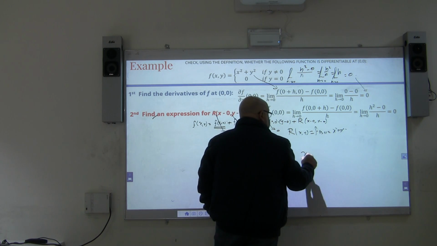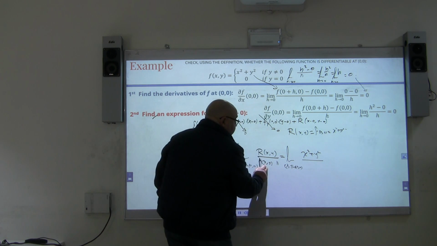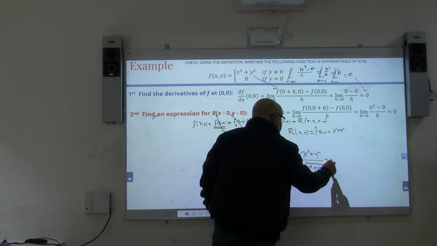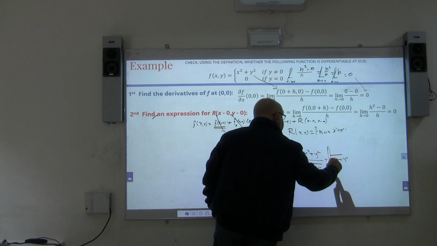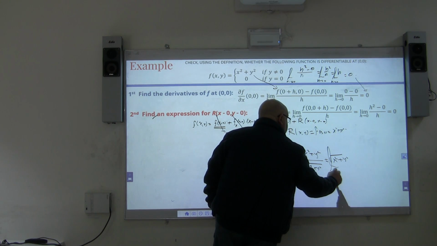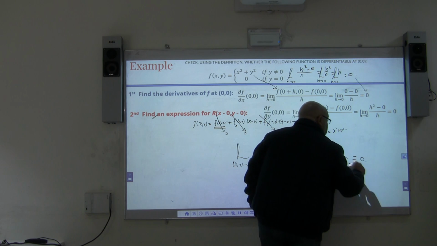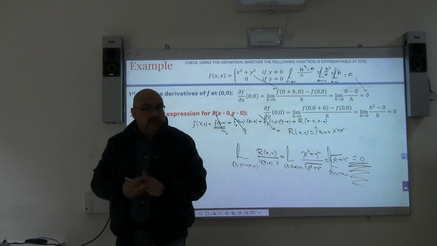For this one, it's x squared plus y squared. The magnitude of (x, y) is the square root of x squared plus y squared. Taking the limit as (x, y) tends to the origin, the result is equal to 0. Once this limit is equal to 0, then your function is differentiable.